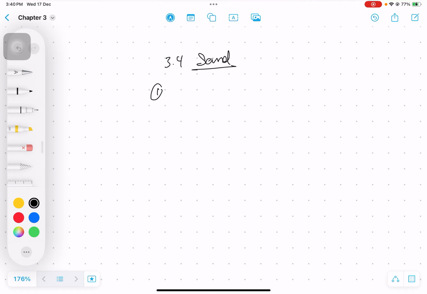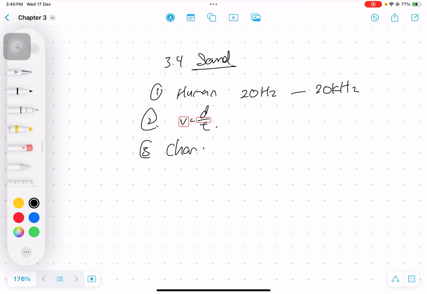The first thing is that for the human ear, sound waves are between 20 hertz and 20 kHz. The second part is when we measure sound wave, usually v = d/t, very simple. And third is the characteristics of sound wave.